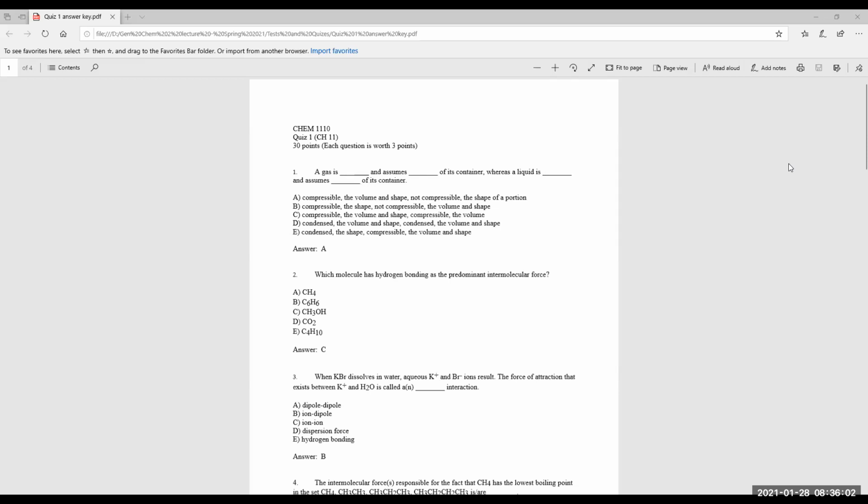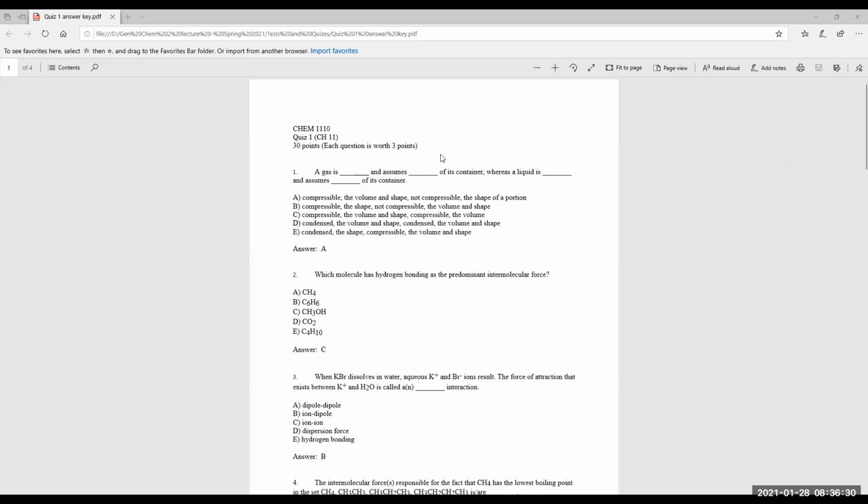So remember we said you can compress gases. That's where the concept of pressure comes into play. And gases, if you put gases in a small container, it fills it up. If you put them in a big container, it fills it up. So gases expand to fit the size of the container.